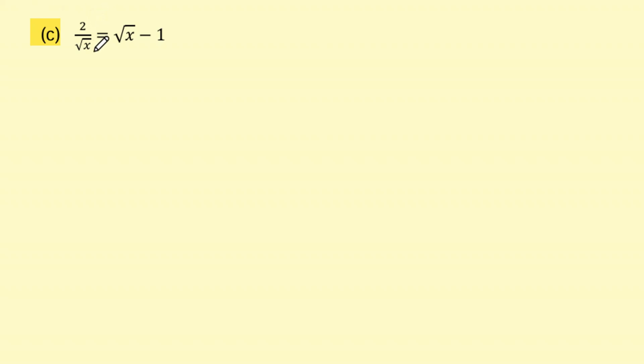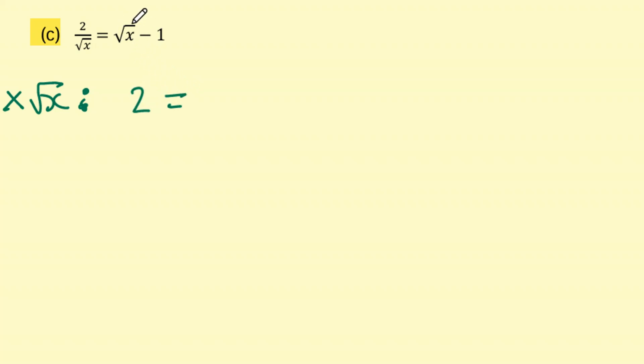So we have 2 over the square root of x equals the square root of x minus 1. Whenever we want to solve an equation, we always want to get rid of fractions. So we want to get rid of the fraction on the left-hand side, and we can do so by multiplying through by the square root of x. Then on the left-hand side, the square root of x will cancel, and we're left with 2.